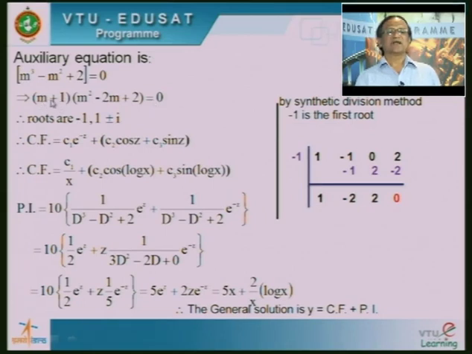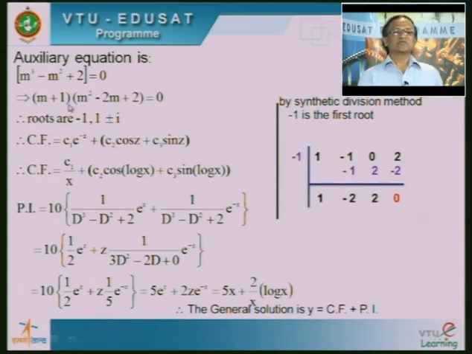So, how will you get m plus 1? Minus 1 is one root of the auxiliary equation. It is understood that m plus 1 is one factor. The other factor is from these coefficients, namely m square minus 2m plus 2 equal to 0. Okay.